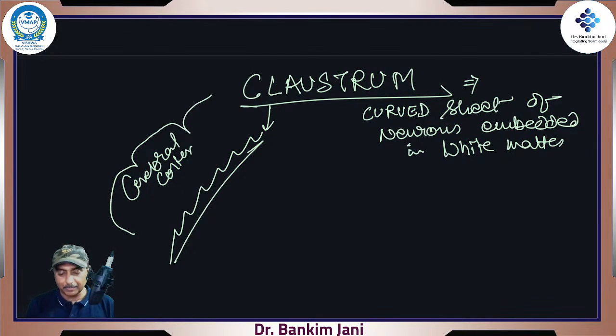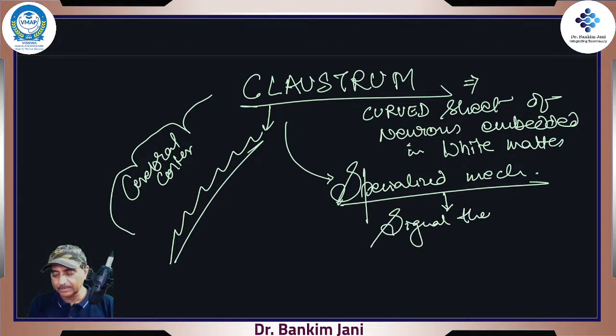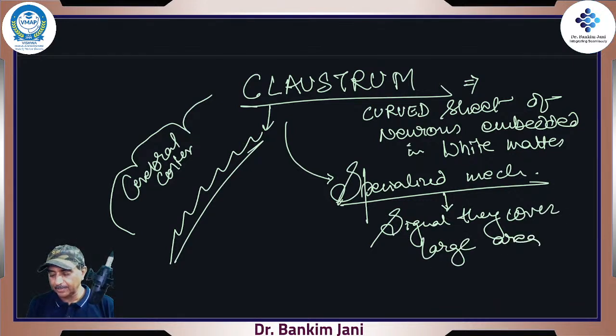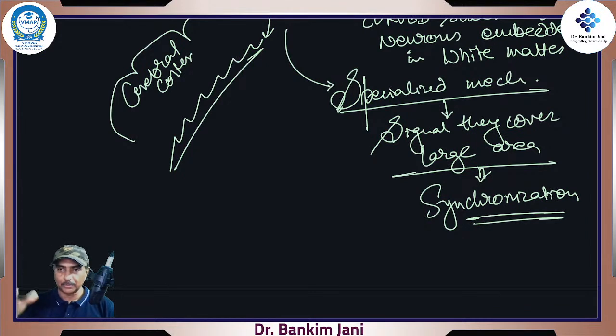That was the proposal, and then it came that yes, claustrum has a very specialized mechanism, due to which the signals cover a large area, and this is super interesting and super powerful for synchronization. It is for synchronization of your visual perception, your motor ability, all those things which are synchronized, because it is like the wall of the brain.